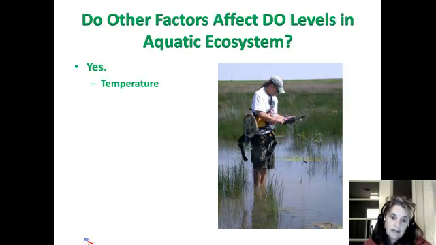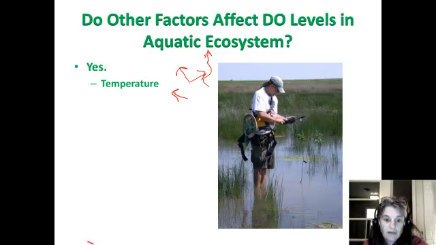If you think about it, warm molecules are moving rapidly all the time, and that tends to drive oxygen gas out of the water, whereas in cold water the molecules are more still and are held more tightly, or not driven off. Okay?